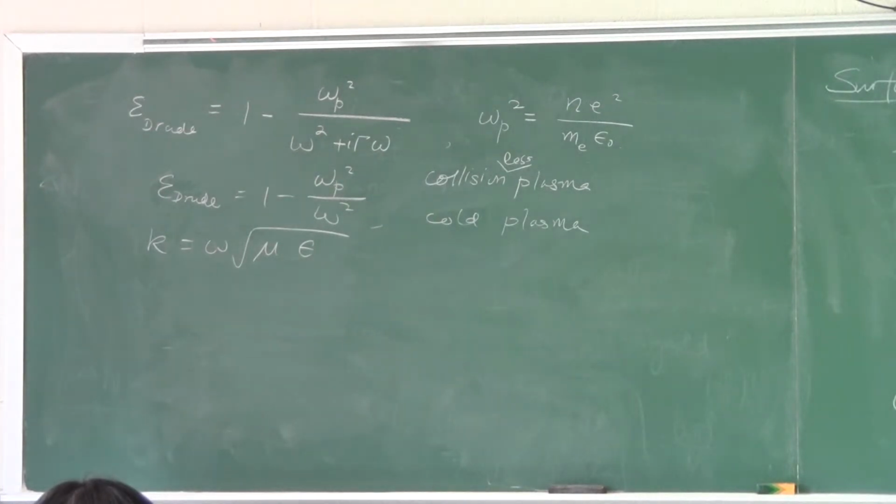Okay, but this is essentially a very simple Drude model. It's also because of this very simple Drude model that we get negative epsilon, and it's because of this that we have negative epsilon at optical frequencies.